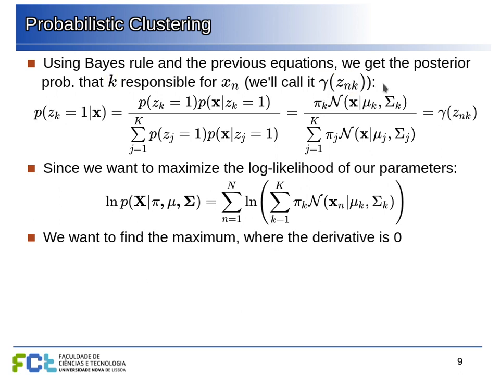Let's call this the gamma of this z variable, which is the probability that we have a value of 1 on the k z variable, that is, the k cluster for point n. And we can do this by considering the marginal probability of any point belonging to cluster k, and multiplying this by the conditional probability of a point having these particular coordinates if it belongs to cluster k.